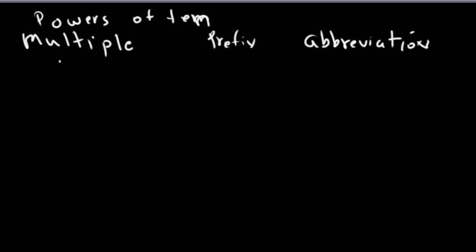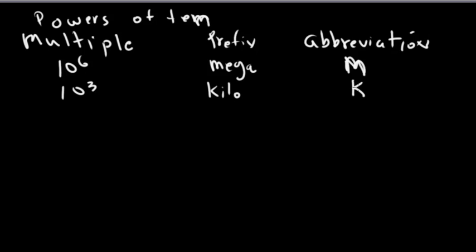So first we're going to start out with 10 to the 6th. There's higher numbers like 10 to the 9th, 10 to the 12th. We're just going to worry about 10 to the 6th, and that's going to be mega, or million. And we're going to abbreviate that with an M. Or it could be a capital M, you'll see it both ways. 10 to the 3rd, kilo. Unit of K, or a multiplier of K.